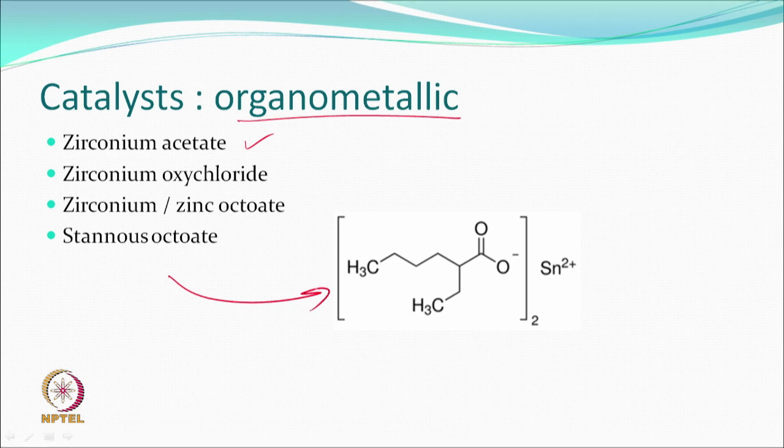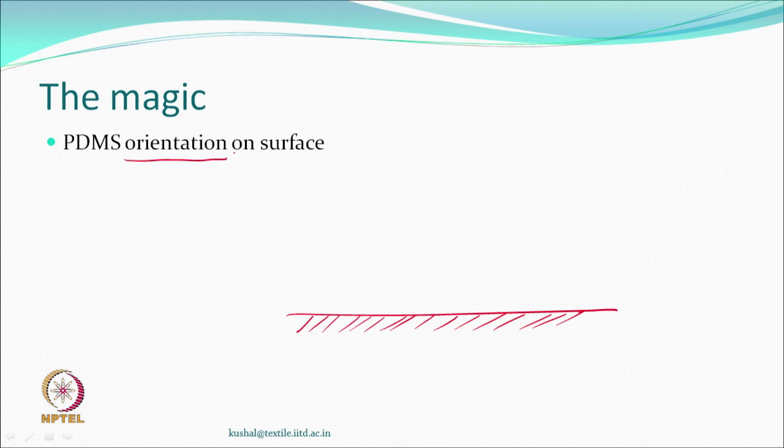If you use them during the pad dry cure process, we see an interesting thing happening. And what is that interesting thing? So, you have a textile surface. Because of the catalyst, the orientation of this compound or the polymeric compound on the textile surface is controlled.